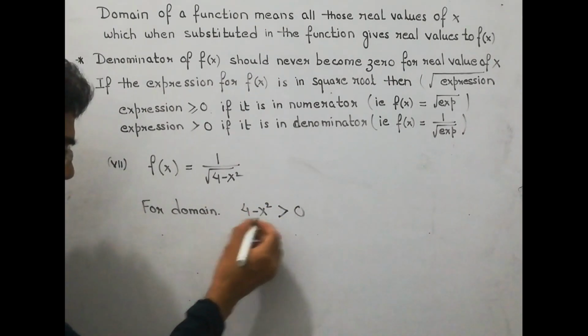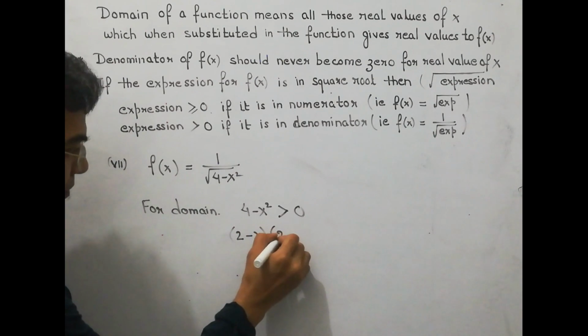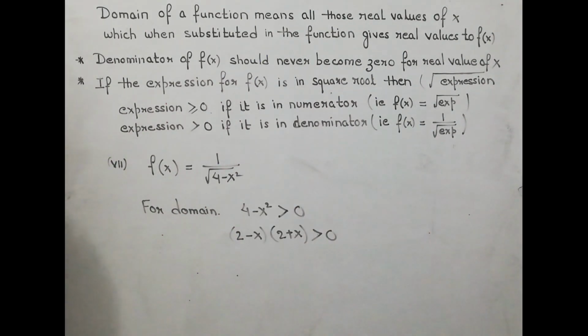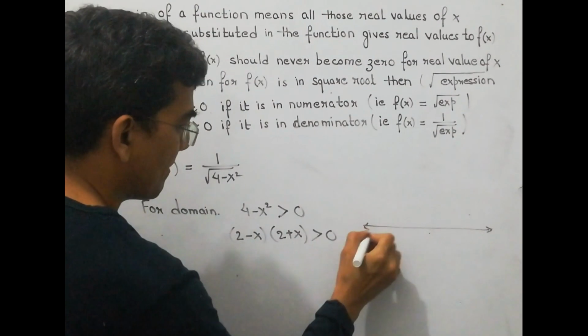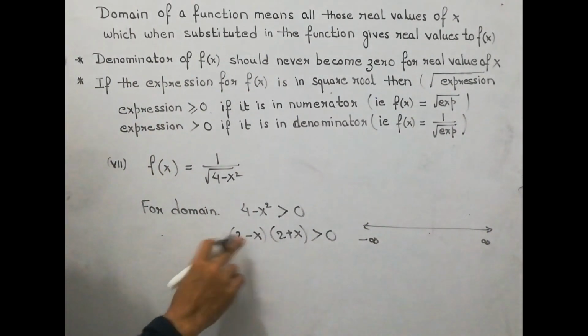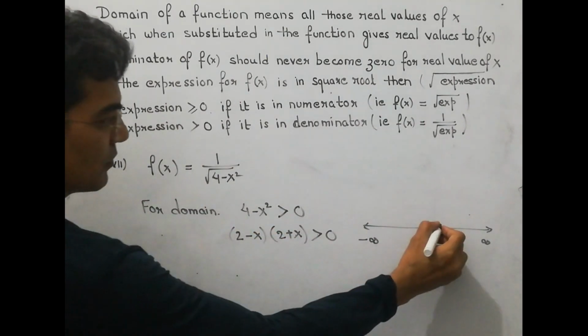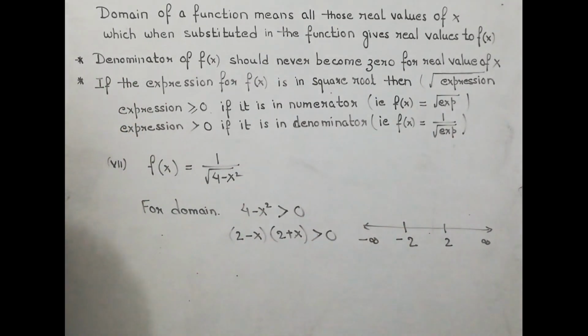So here, again we are going to factorize it. Now this is to be plotted on the number line. Now the values of x which will make these factors 0: plus 2, minus 2.